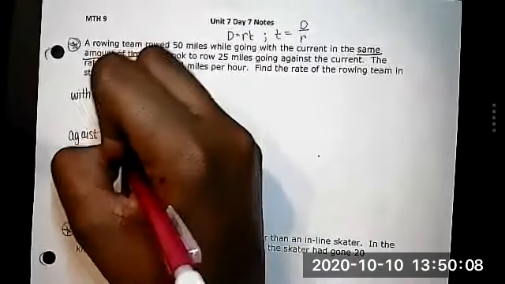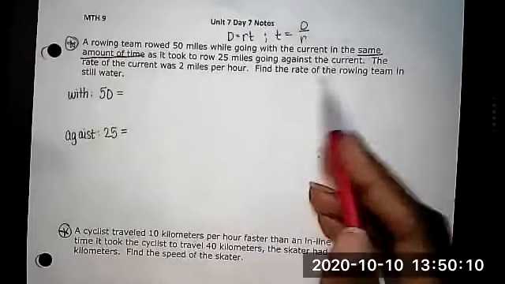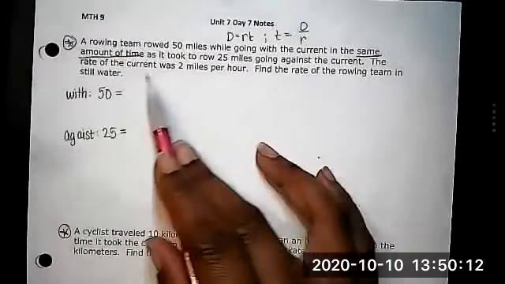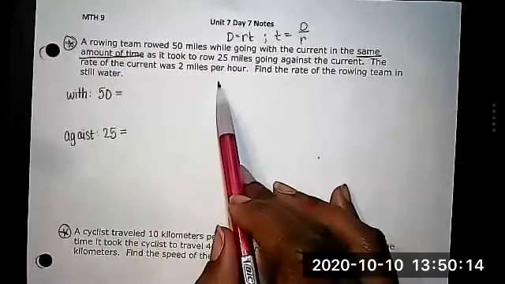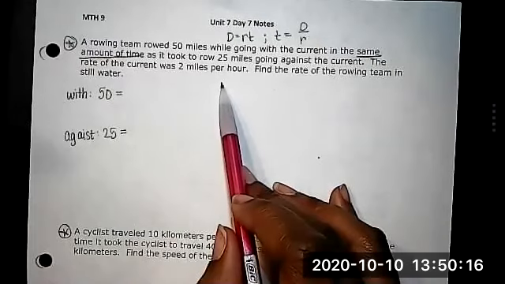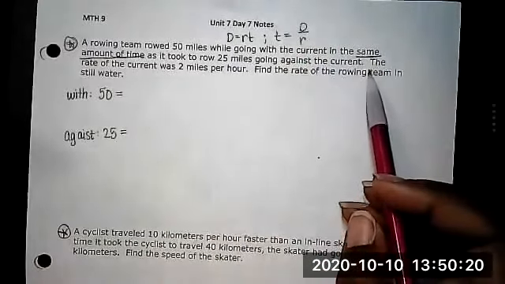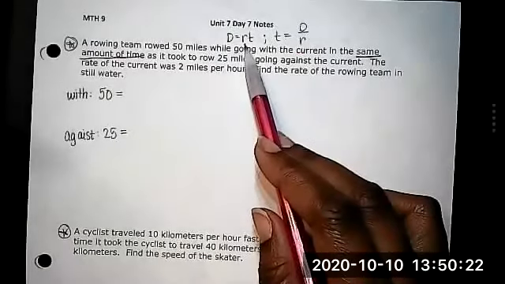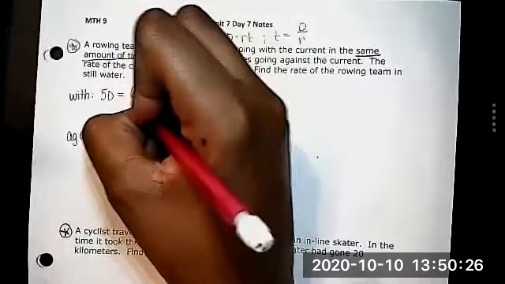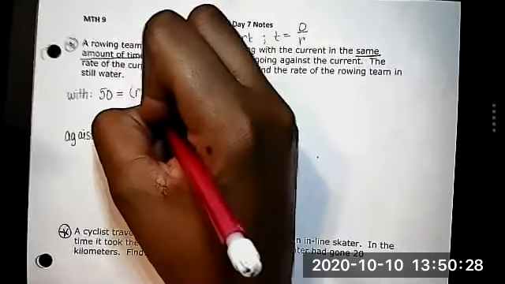The 25 miles situation is against the current. The rate of the current was 2 miles per hour. So it's going to be rate plus 2 with the current.